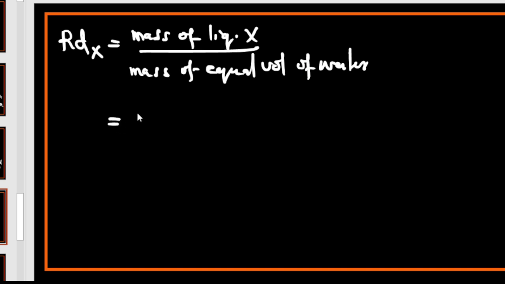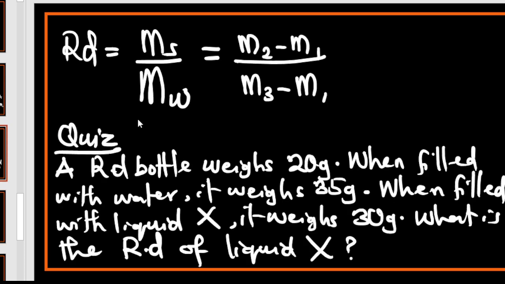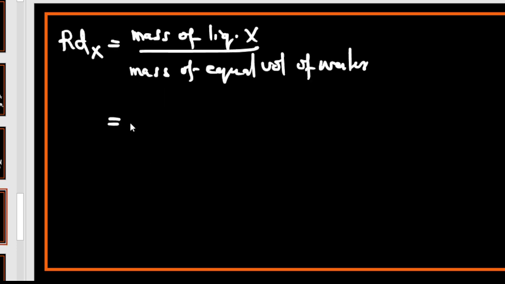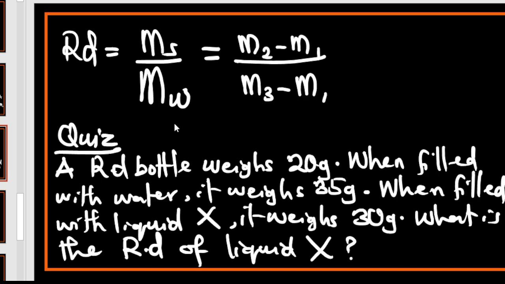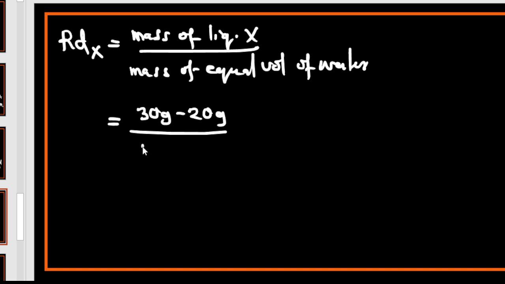So mass of liquid X, based on the question, the bottle weighs 30 grams when filled with liquid X. So that will be 30 grams minus 20 grams. Don't forget that 30 grams is not just the mass of X, it's the mass of X and the bottle. Then, according to the question, the bottle weighs 35 grams when filled with water. So this will be 35 grams minus 20 grams.